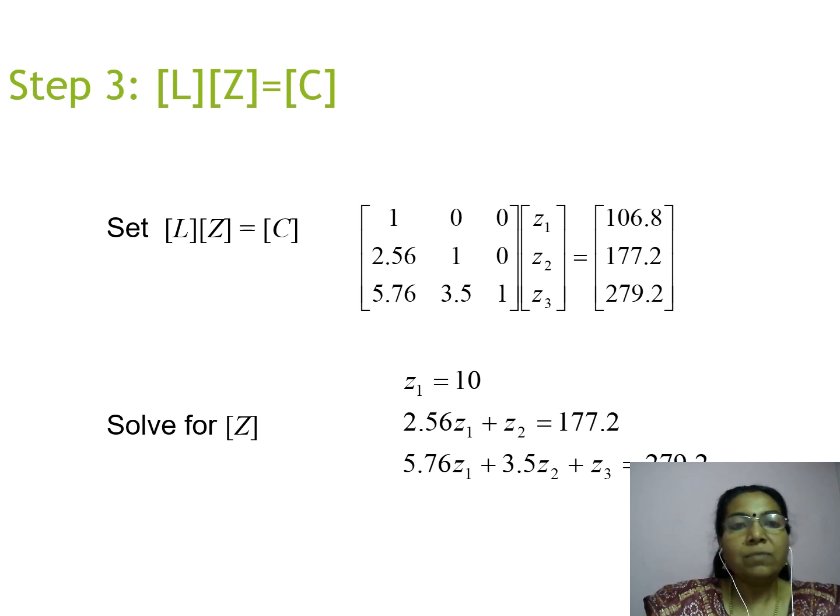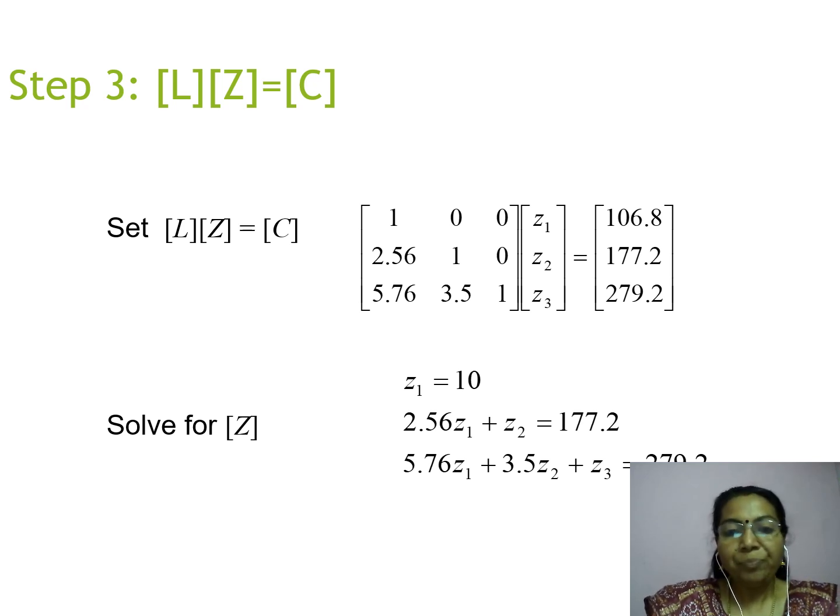In step 3, we use the formula LZ = C. Here I have substituted the value of L, and Z is the column vector Z1, Z2, Z3, and C is the constant values given in the equations. So the values are 106.8, 177.2 and 279.2. Now we can solve for Z using the equations.